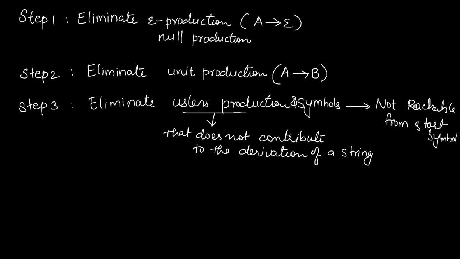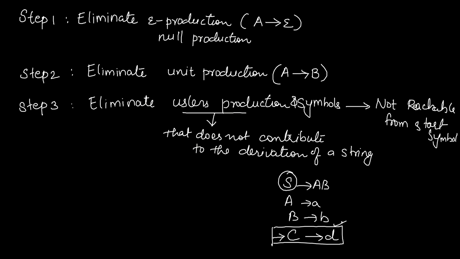For example, if we have productions like S gives AB, A gives A, B gives B, and suppose we have another variable C gives D. From this I can say C is a useless symbol, because when I start from S, there is no way to reach C. From S, I can reach AB, but there is no way to reach C.